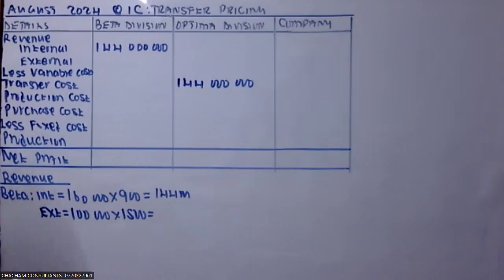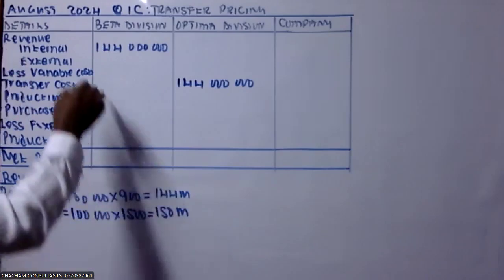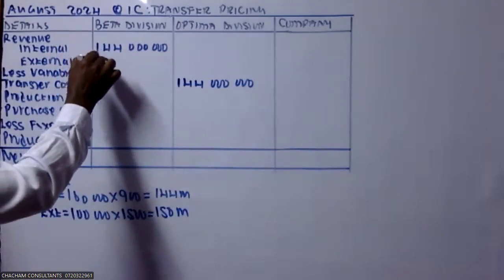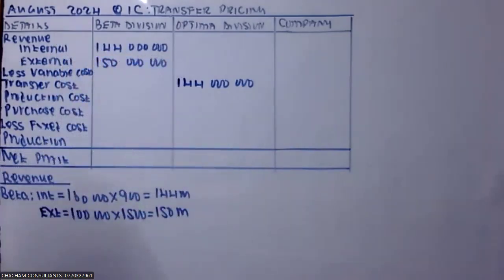So if you take 100,000 times 1,500, that's coming to 150 million. So that 150 million, naiweka hapa.